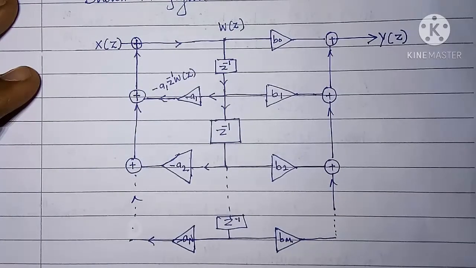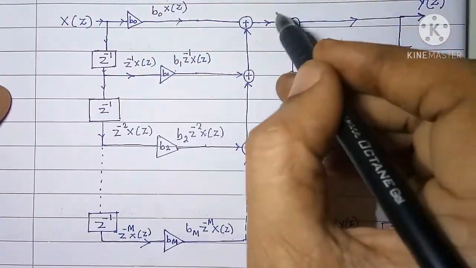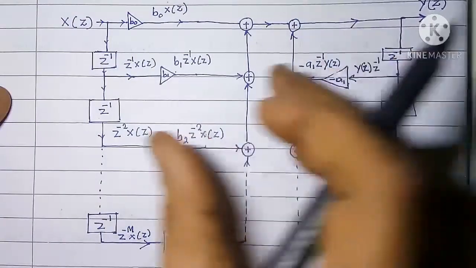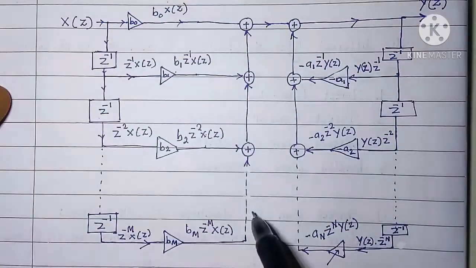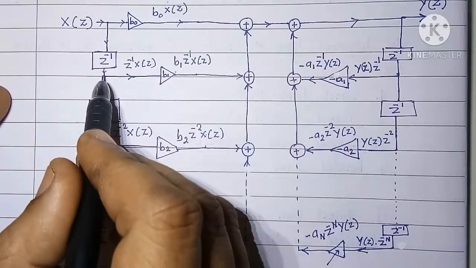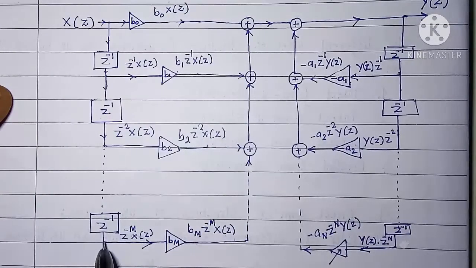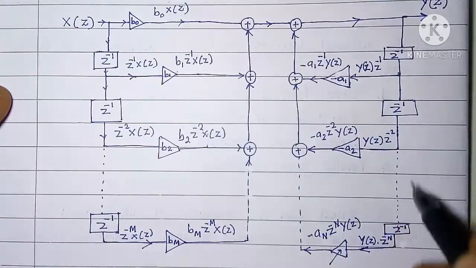For that, what we have to do is shift this entire part here to the left and shift this entire part here to the right, and then after delay units here we are having output points, and here also we are having output points after delay units.